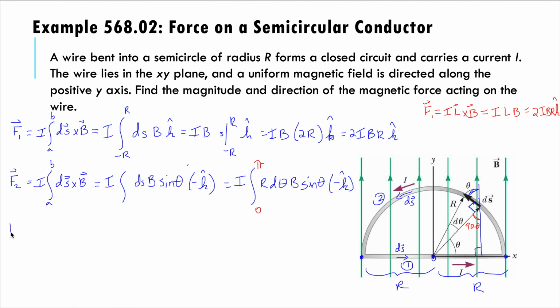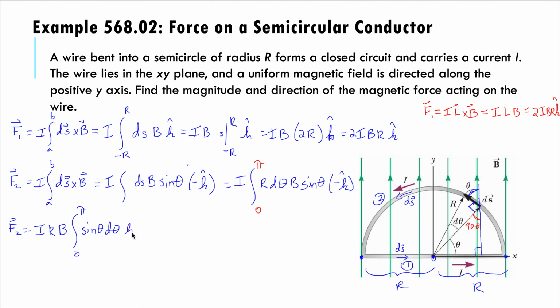Okay, so now we're about ready. We're going to go ahead and take out the constants, I, R, B. And that negative k, I'm just going to bring that negative to the front here just so that I don't have to keep writing it in front of the k. And I'm going to integrate sine theta d theta from 0 to pi.